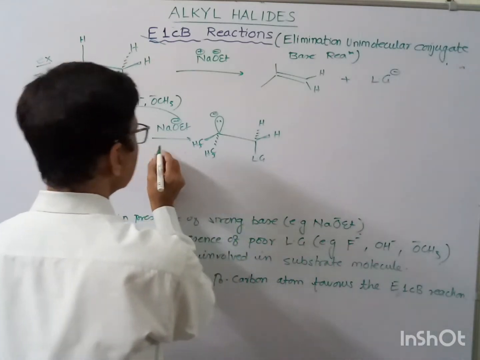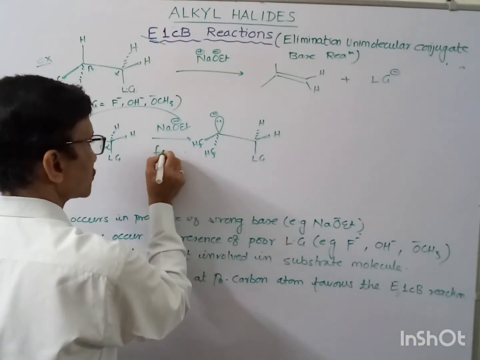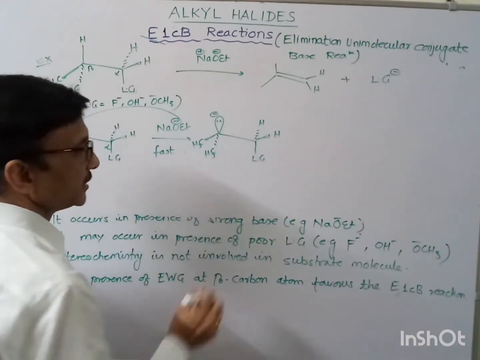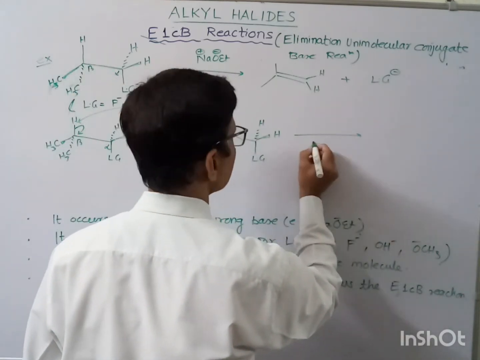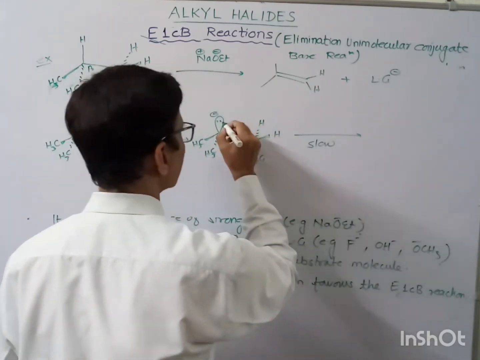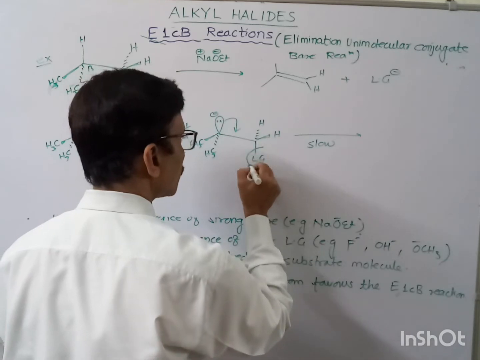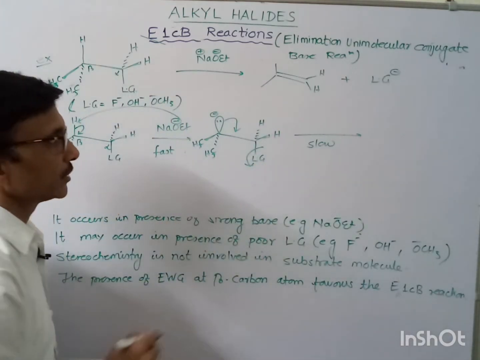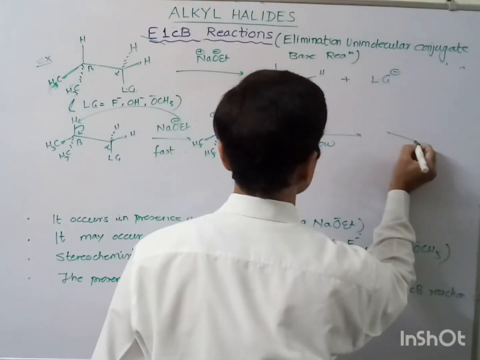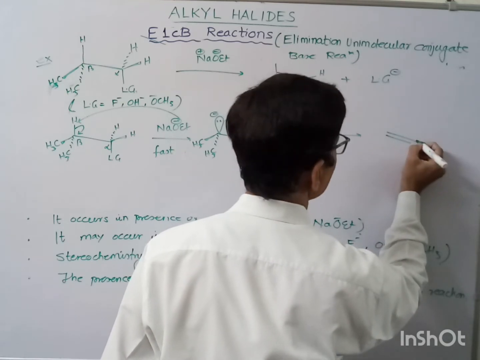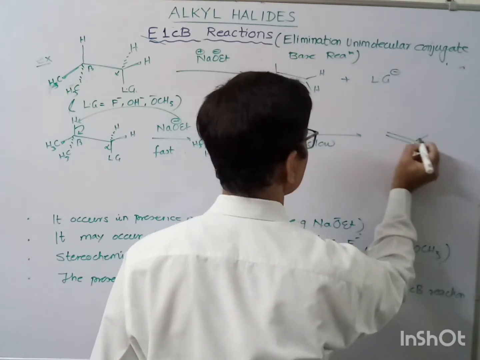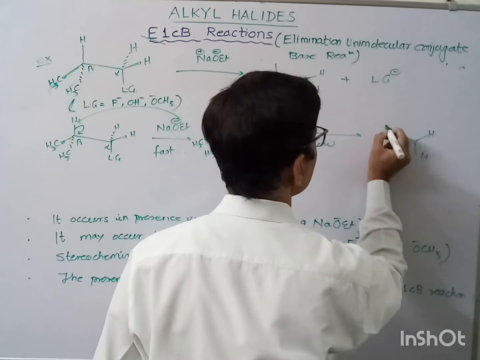This step is the fast step, and in the second step, which is a slow step, the alkene is formed with the removal of this leaving group. So the second step is our slow step, and we will get the alkene molecule.